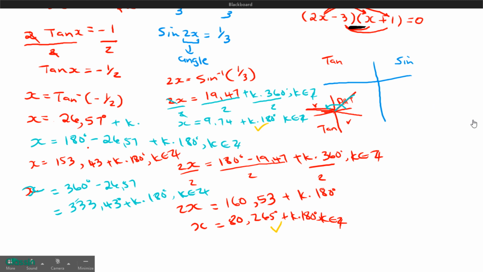So relative to this one, we have a solution there and we also have a solution there. So this is one of the questions that I thought we should do.